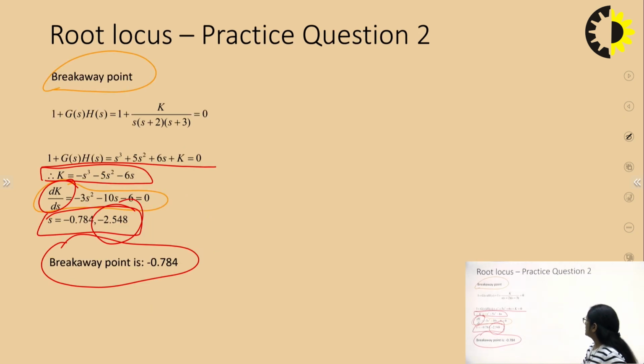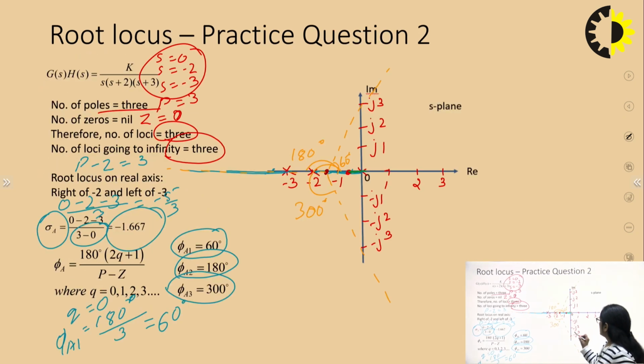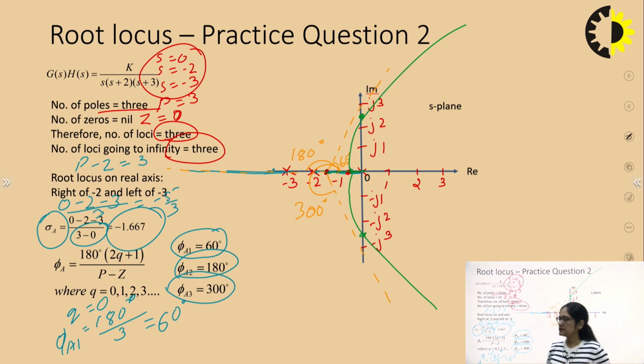So, this will be somewhere here, minus 2.5 here and here. That means this root locus will start from here and go towards infinity. This will break away here and go towards infinity.